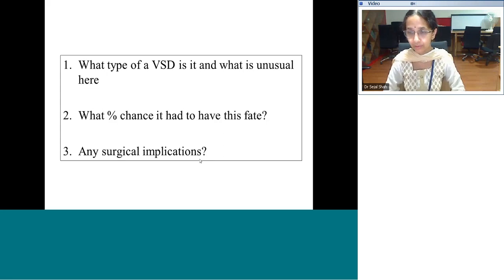So if it's a true Gerbode, that means there is one defect, and the second is getting closed by the tricuspid valve aneurysm, trying to close the membranous defect. I'm not very sure if 100% it will not close over time. Because at the end of it, if it's a defect in the membranous septum, the atrioventricular defect is a part of the membranous septum. It's between high pressure and low pressure.